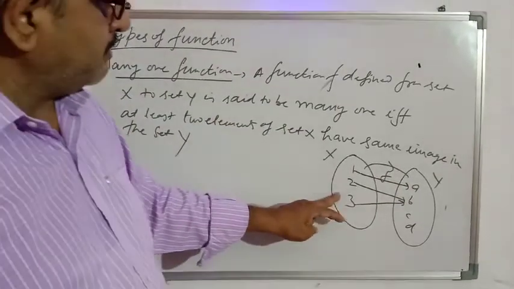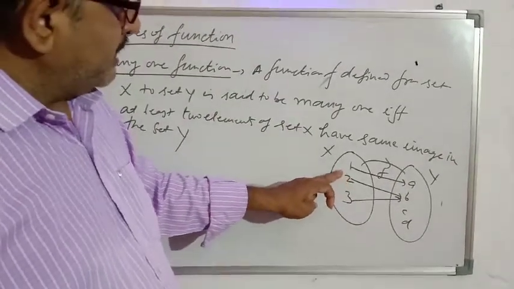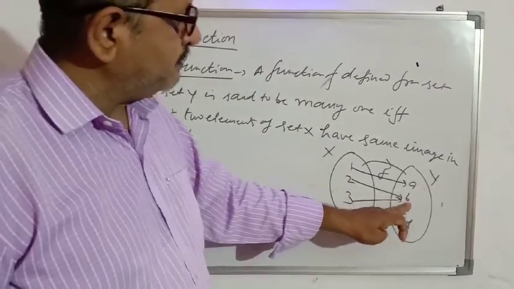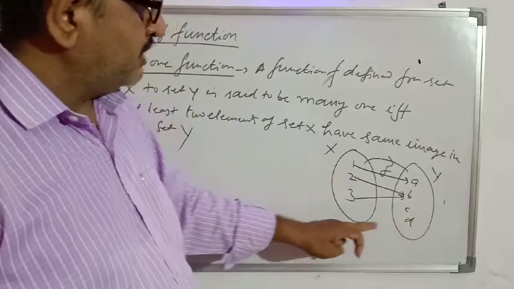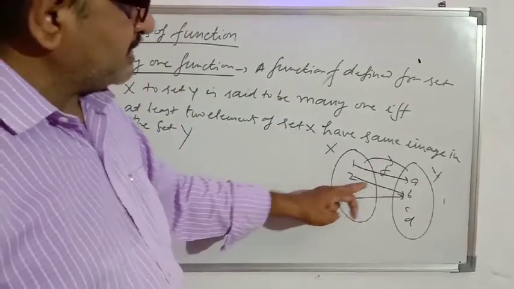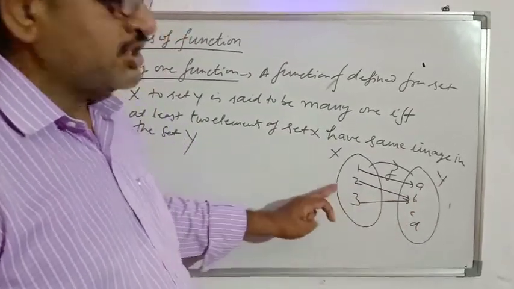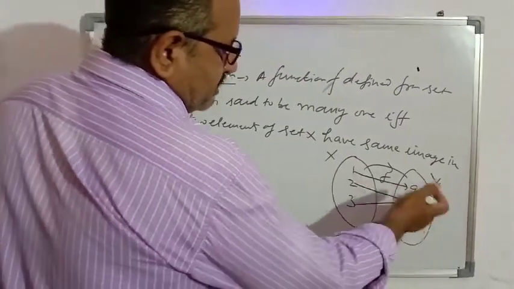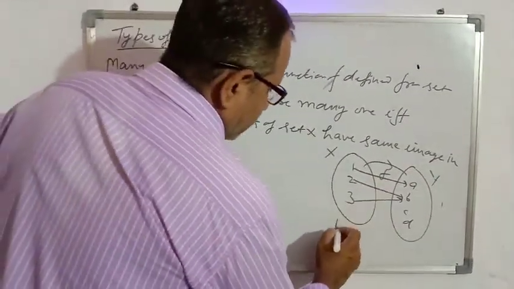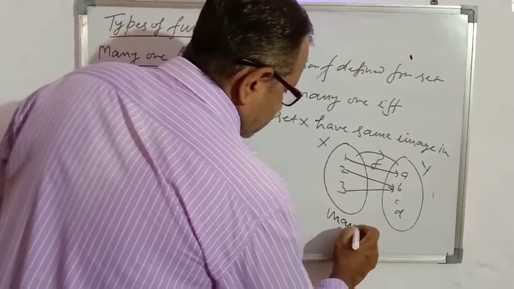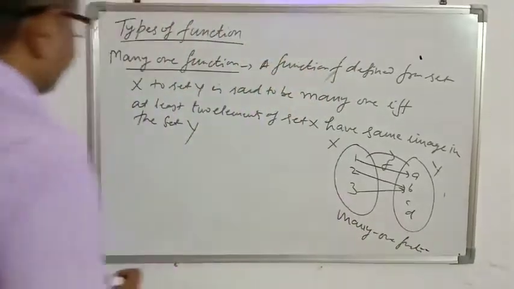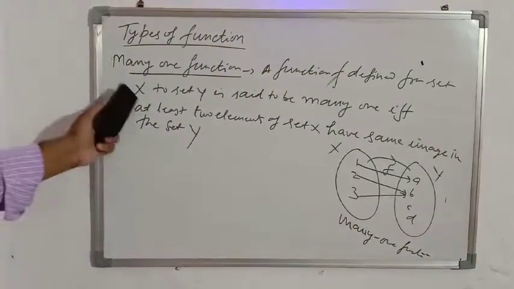See in this Venn diagram, elements 2 and 3 of set X have the same image b in set Y. So if at least two elements of X have the same image in Y, it is called a many-one function. Means many elements of set X have the same image in set Y. So this is called a many-one function.